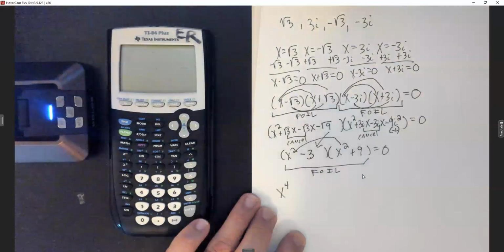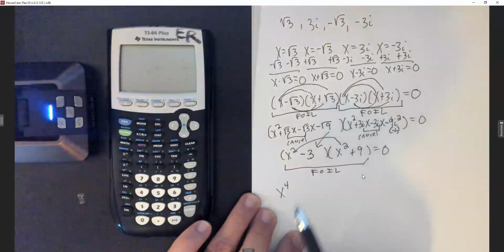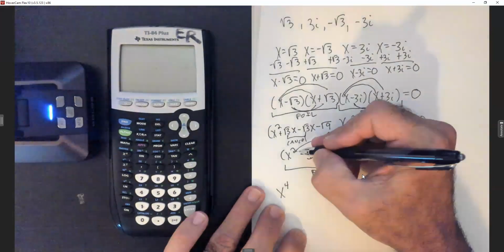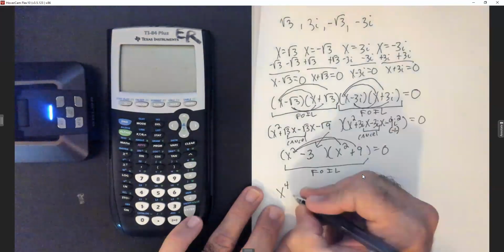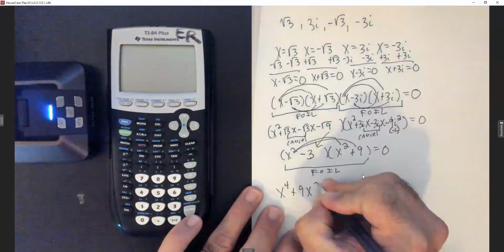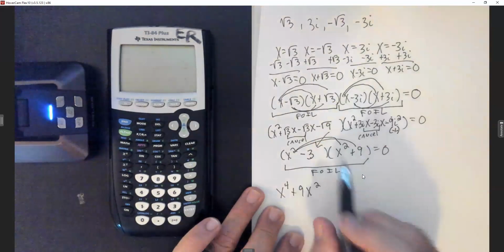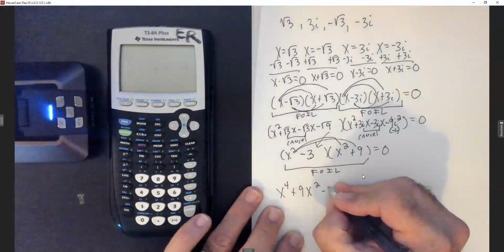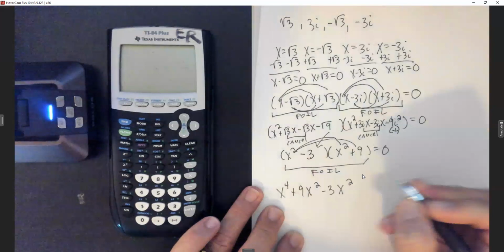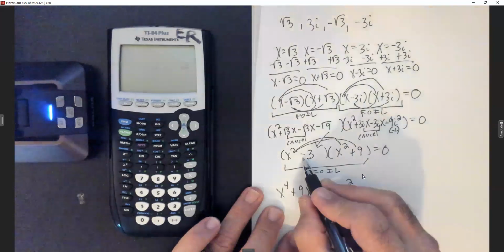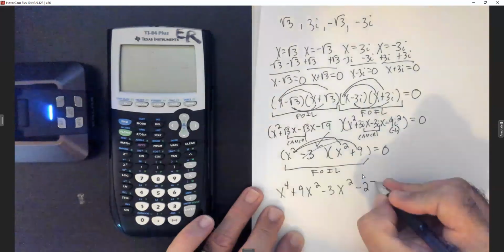So 4 zeros, you better end up with a degree 4, okay? All right, x squared times 9 is 9x squared. Negative 3 times x squared is negative 3x squared. Negative 3 times 9 is negative 27.